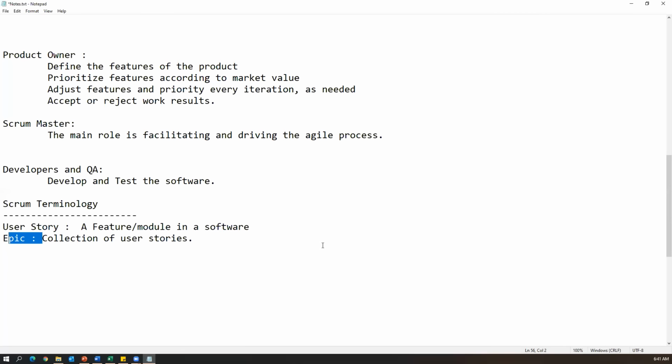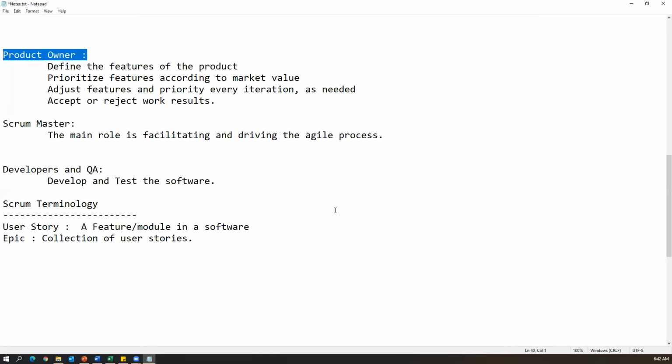Or we can say epic is a larger requirement and user story is a smaller requirement. User stories will be derived from epics, and these will be prepared by the business owner or product owner. So the product owner is responsible for preparing user stories and epics while interacting with the customer.